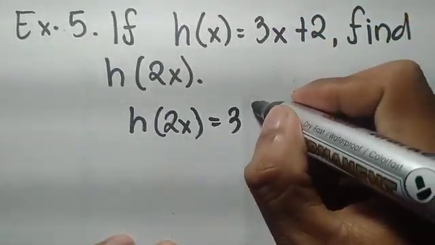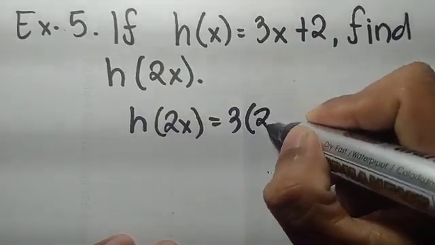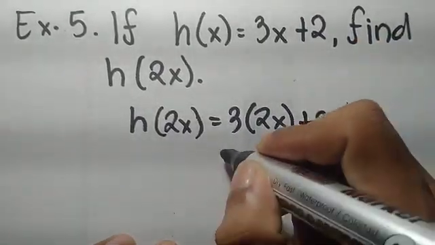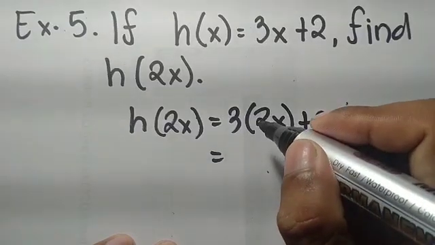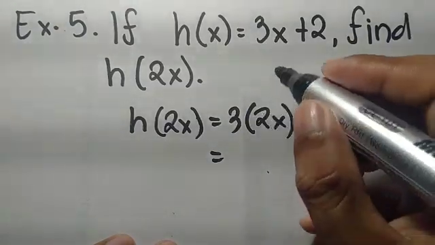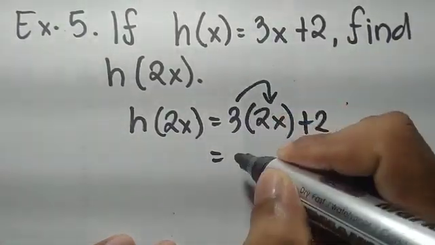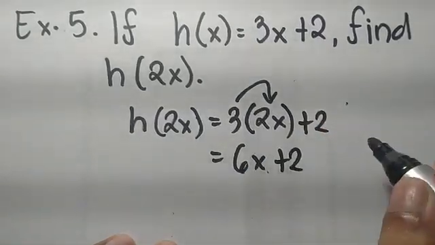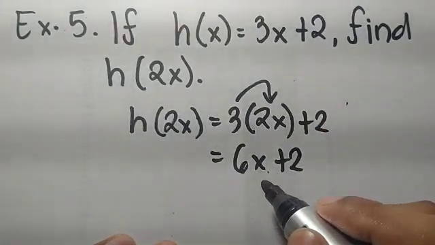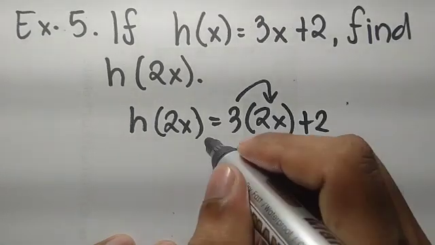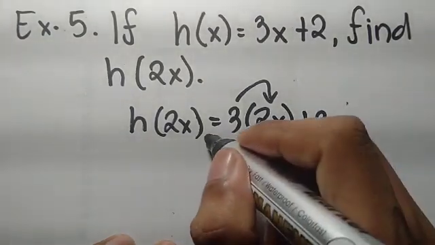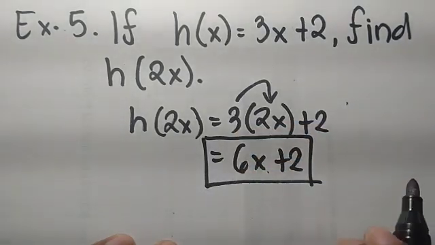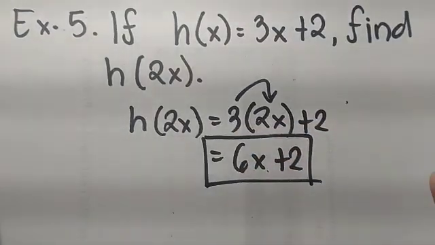Instead of x, we write the 2x and copy the plus 2. Okay, we apply the distributive property. So 3 times 2x is 6x, copy the plus 2. Because there are no like terms, we just leave it alone. So this is the answer, 6x plus 2.